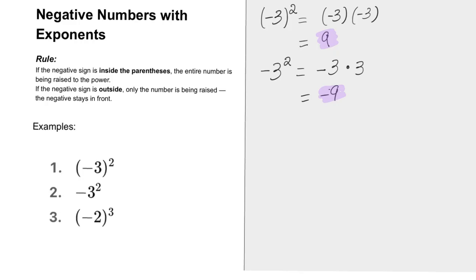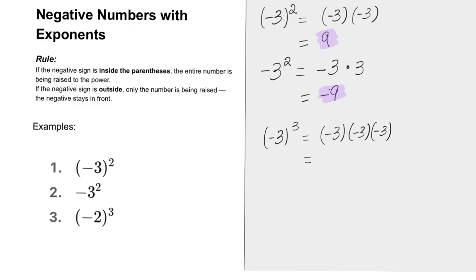Okay, one other thing that I would like to tell you is, what if -3 is raised to the 3rd power? What does that mean? That means, again, the base is -3 times -3 and times -3. And what would that be? Now think about it. Will we end up with a negative number or a positive number?